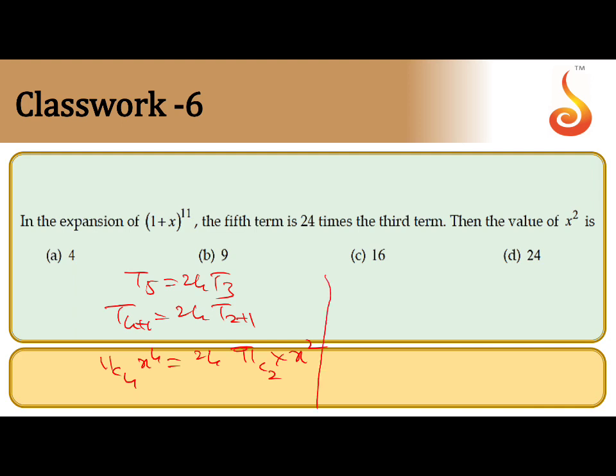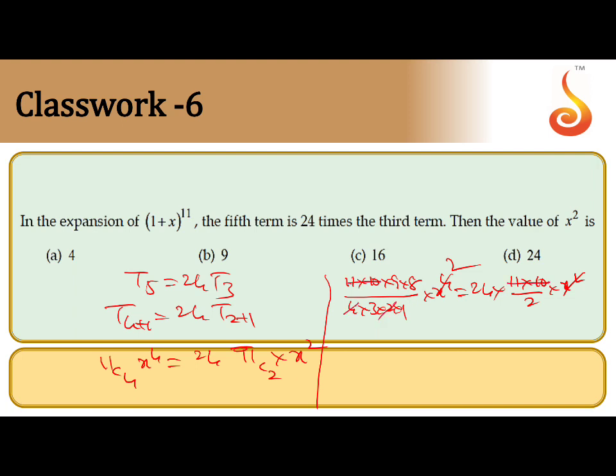So a bit of calculation is there. Solve it properly. 11C4 means 11 into 10 into 9 into 8 by 4 into 3 into 2 into 1, into x power 4, equal to 24 into 11 into 10 by 2 into x square. Here 11, 10 cancel on both sides.